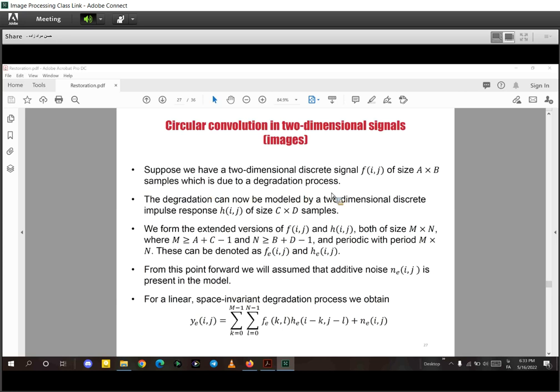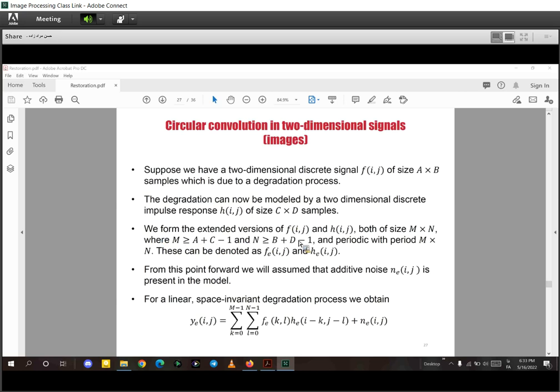F is the input in these slides, but due to a degradation process the output is Y, not F. The degradation is a two-dimensional discrete impulse response h(i,j) of the disturbance system that affects F, of size C by D.